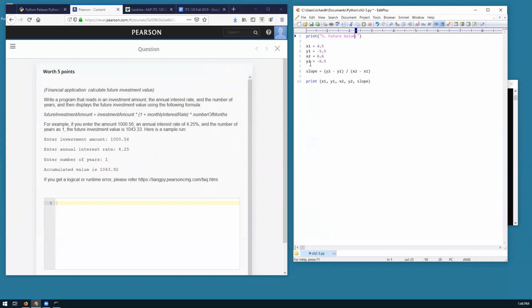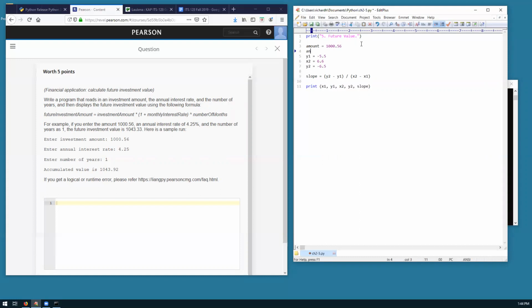Let's do the inputs here. Investment amount is going to equal 1,056. Remember, you have to have an input. You can't just do it like I'm doing. I'm just showing you the calculations here.